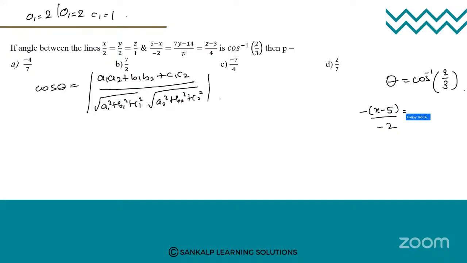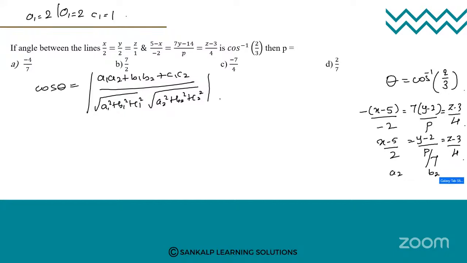This you can write as y minus 2 by p. This is correct. So this minus by minus becomes plus. This becomes y minus 2 by p by 7. This becomes z minus 3 by 4. So in place of A2 B2 C2, we have 2, p by 7, 4.